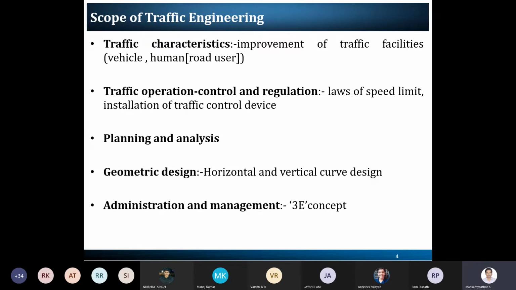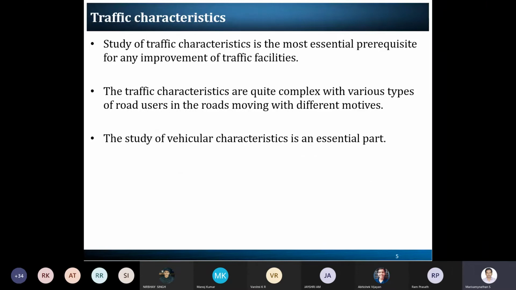So this is a complete understanding of traffic engineering and the scope, and now the traffic characteristics. Why do we have to go through the traffic characteristics? Traffic characteristics are, for example, the traffic volume or the speed, the number of lanes, roadway width. All of these come under traffic characteristics, because it is very important to study and understand the traffic parameters with respect to the improvement of any traffic facilities.